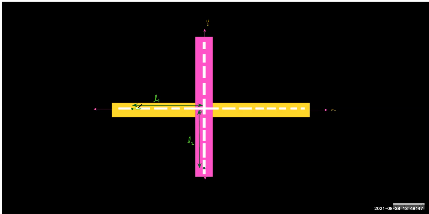The speed with which both the cars are moving, we call it V1 is the velocity of the first car and V2 is the second car. And what we are supposed to solve is what is the closest approach between these two particles.